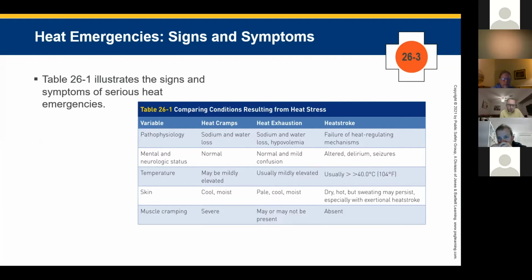Okay, how about muscle cramping? It might be connected or completely not connected. I think it depends on the origin, the activity you're doing. If you are sitting under the sun, you don't get any muscle cramp, but you get heat exhaustion.